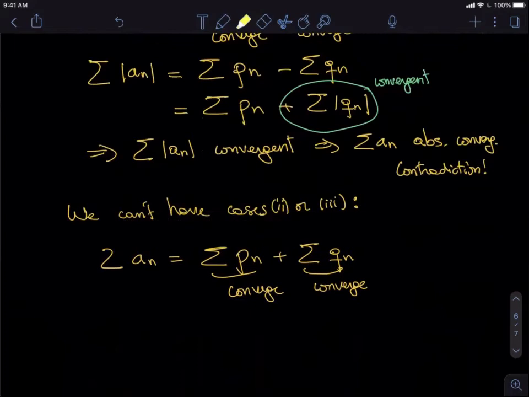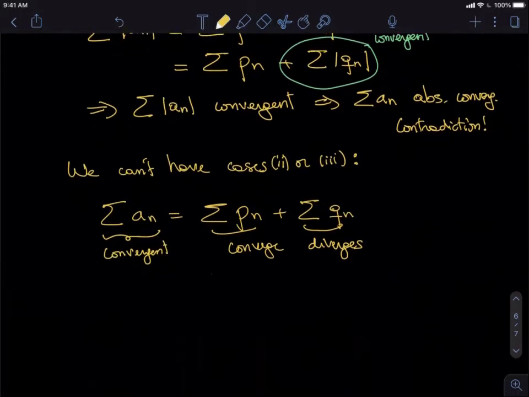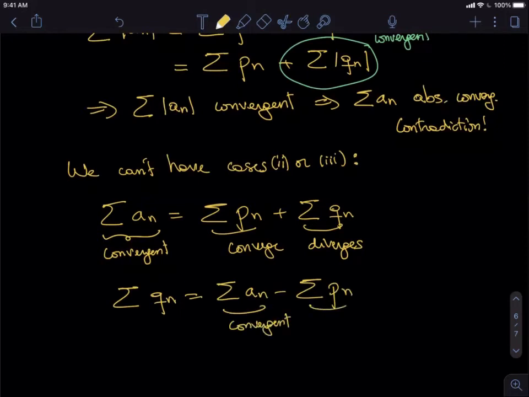But in this case, what happens? So we have a contradiction because we know that this one is convergent by hypothesis, the left-hand side. So therefore, if we want to write the sum of the Qn as the sum of the An minus the sum of the Pn, we would have a contradiction, because both of these are convergent, but the sum of the Qn is divergent.